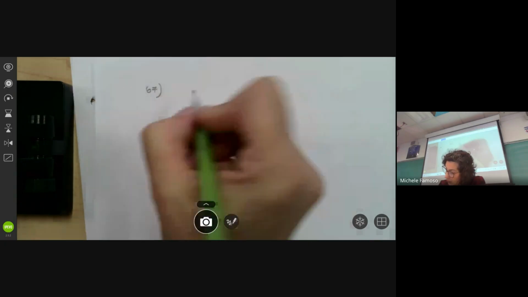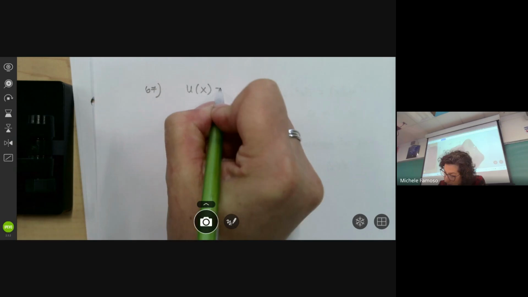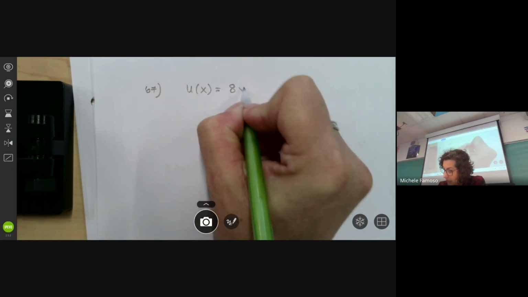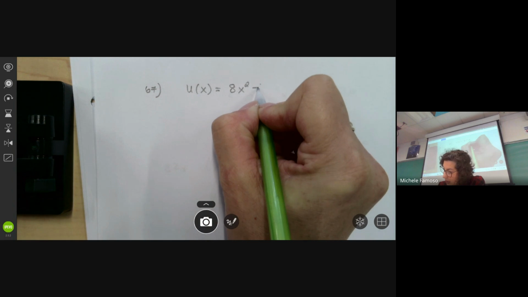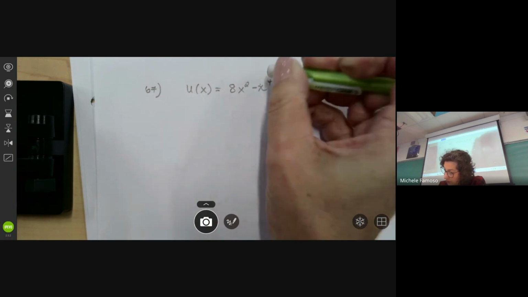So 67 says that the potential energy of an object is given by 8x squared minus x to the 4th power. All right, so the potential energy as a function of position is 8x squared minus x to the 4th power.